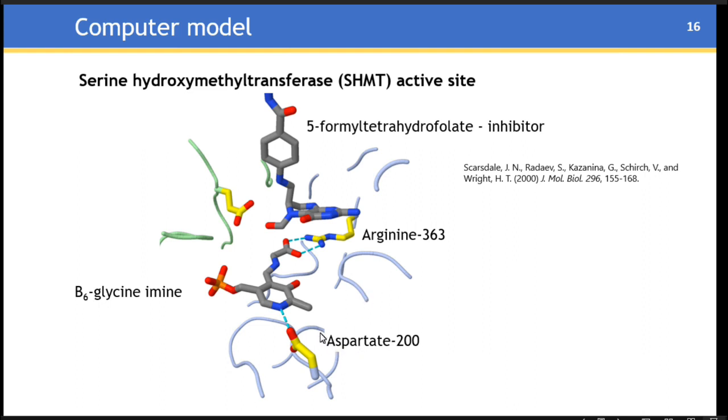And so this has an interesting structure here. I mentioned that this is the imine derivative of glycine, which is the normal substrate for this. It's complexed with an arginine side chain. It is hydrogen bonding to aspartate to stick that proton on that pyridine nitrogen.